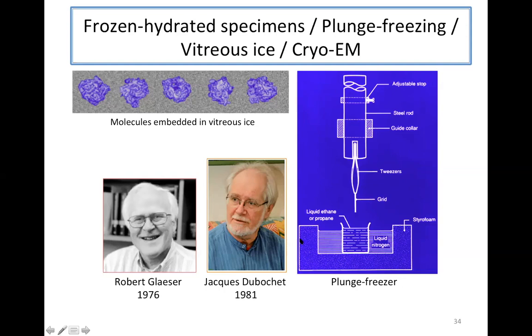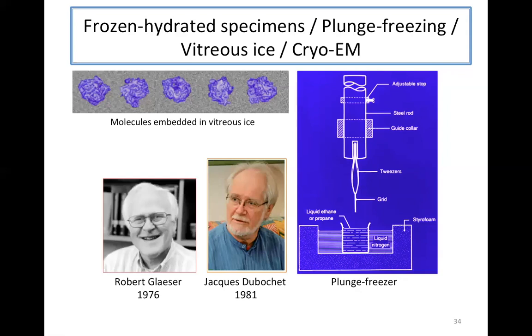So Dubochet's contribution was to use a little container with liquid ethane or propane or a mixture of the two at liquid nitrogen temperature. Under those conditions, the plunging results in almost instantaneous heat transfer.